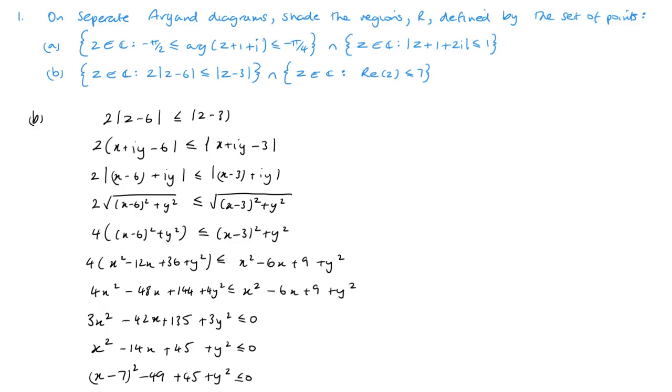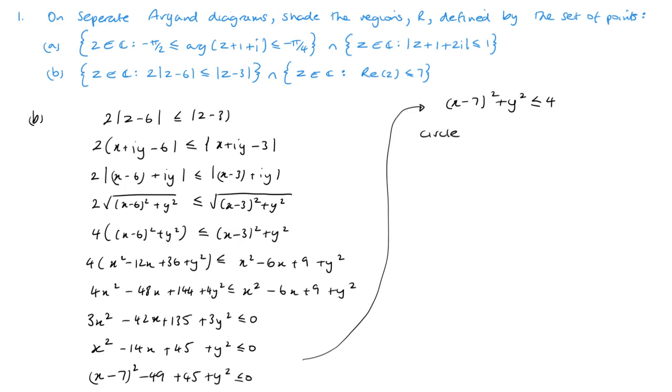Okay, now I'm just going to carry on up here. So (x minus 7) squared plus y squared. Now minus 49 plus 45 is minus 4. Take that to the other side. So there I have now a circle.